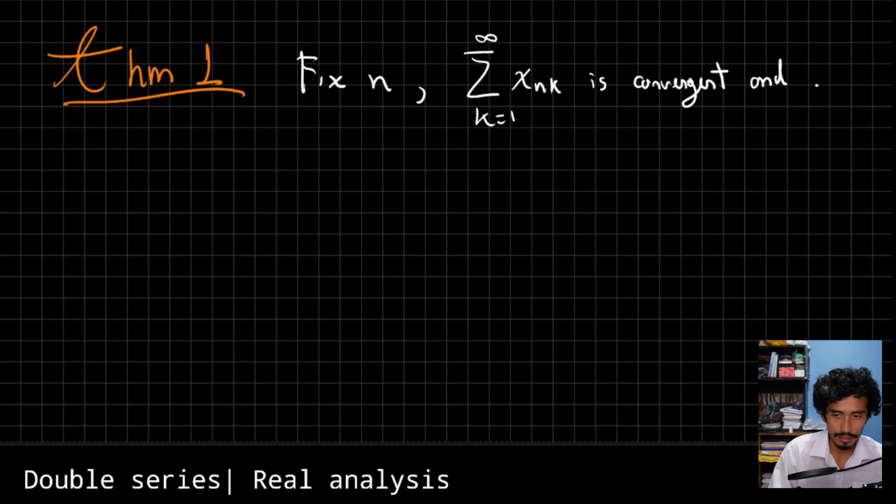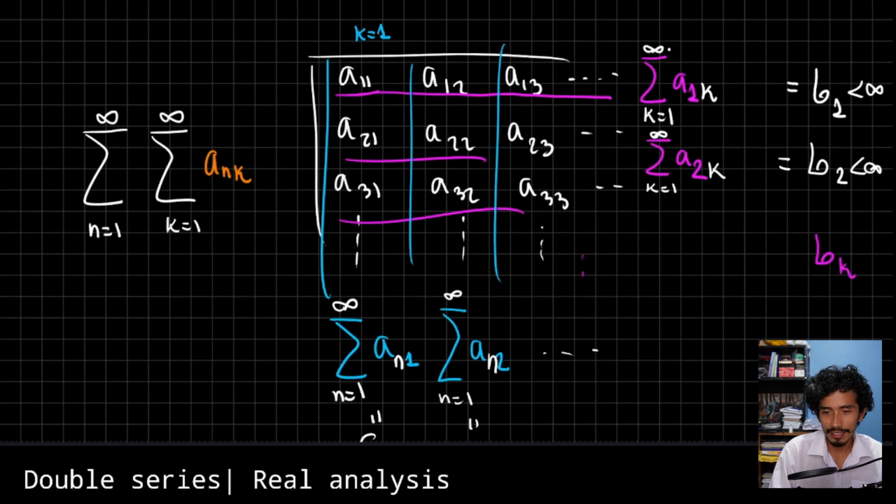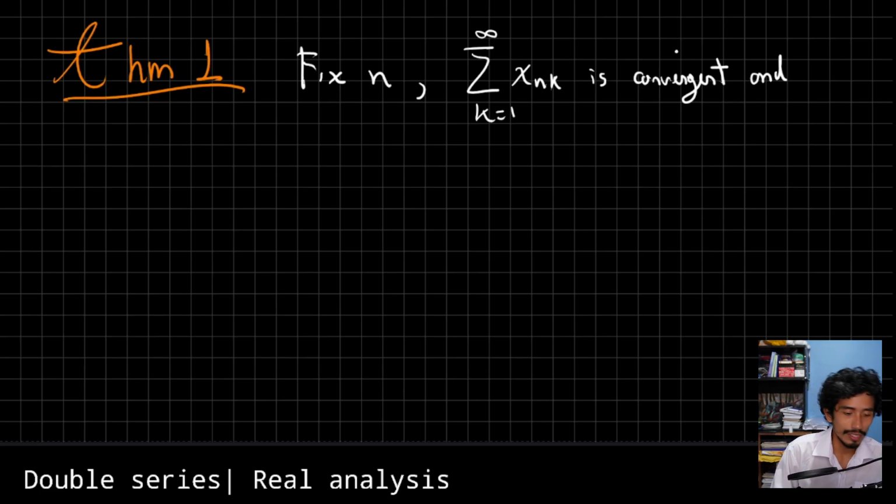We are assuming that this is convergent, like when we were fixing n before. So we are supposing that all of those b values are not infinite. Moreover, we will suppose that this function from the naturals to R is defined as follows.